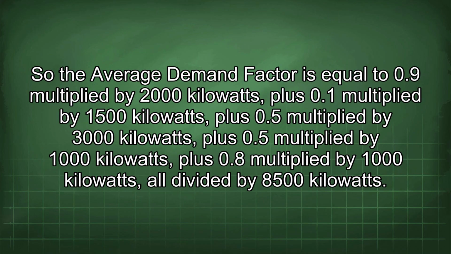So the average demand factor is equal to 0.9 multiplied by 2000 kilowatts plus 0.1 multiplied by 1500 kilowatts plus 0.5 multiplied by 3000 kilowatts plus 0.5 multiplied by 1000 kilowatts plus 0.8 multiplied by 1000 kilowatts, all divided by 8500 kilowatts.